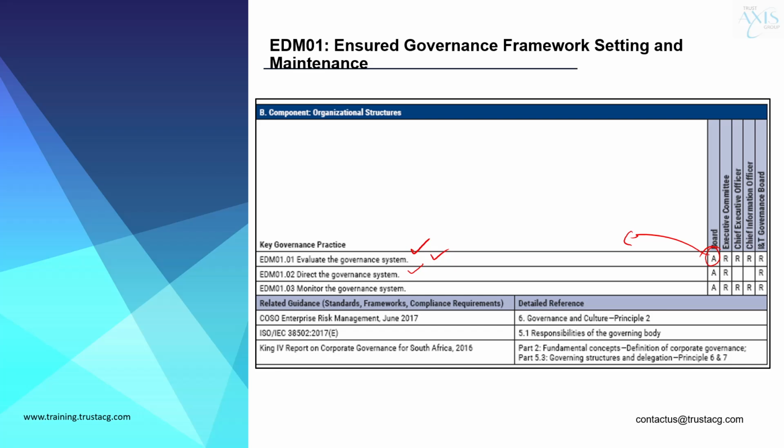And finally, the governance framework, which was evaluated and directed for improvements, must also be continuously monitored to verify that it remains effective over a period of time. This would include tracking governance performance indicators, compliance metrics, and periodic results from the reviews, assessments, and audits that are being performed.